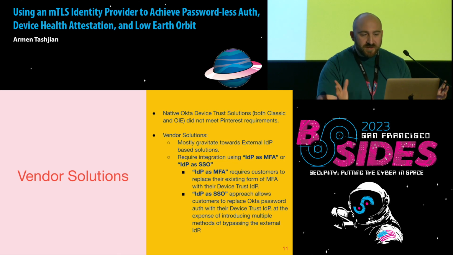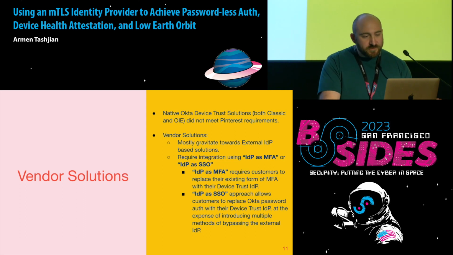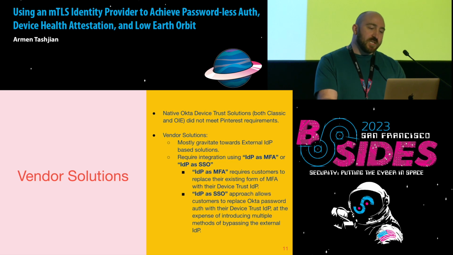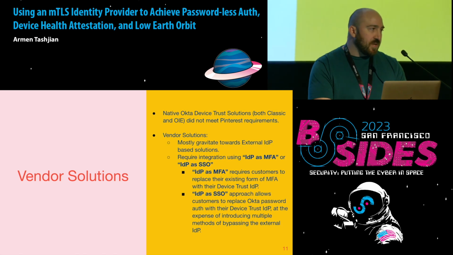Once you have that identity provider, there's two different ways of integrating with Okta. You have IDP as MFA, which allows a customer to replace their existing form of MFA with the device trust identity provider. And you have IDP as SSO, which allows customers to replace their Okta password with the device trust identity provider. However, this comes at the expense of introducing multiple methods of bypassing the external IDP.